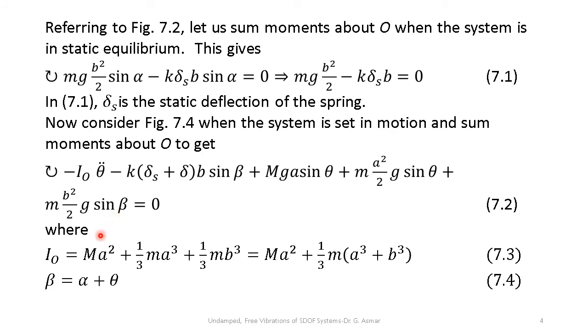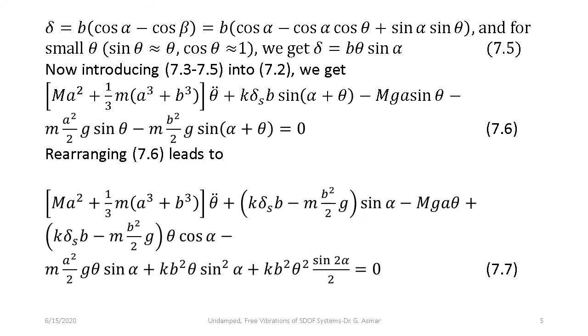In this expression, I-O is M a squared plus 1/3 small m a cubed plus 1/3 small m b cubed, which is M a squared plus 1/3 m times a cubed plus b cubed. Obviously this is the mass moment of inertia due to the particle mass, member OA and member OB. And also from the geometry here we get that beta is alpha plus theta, and delta is b times cosine alpha minus cosine beta.